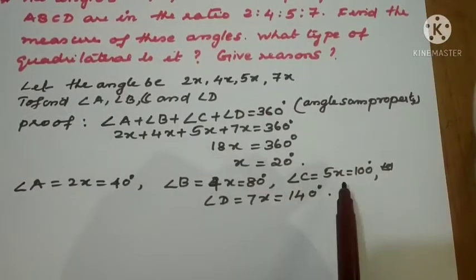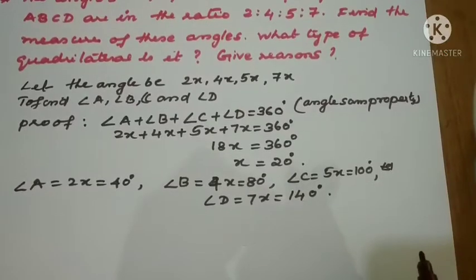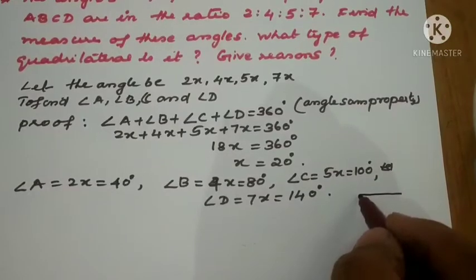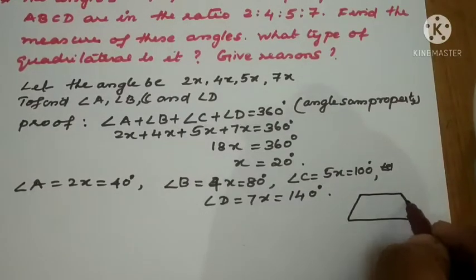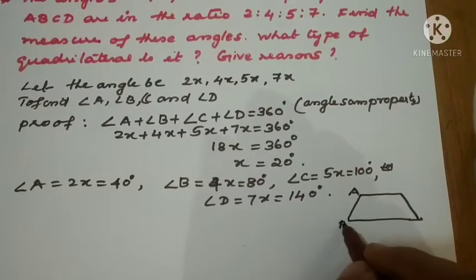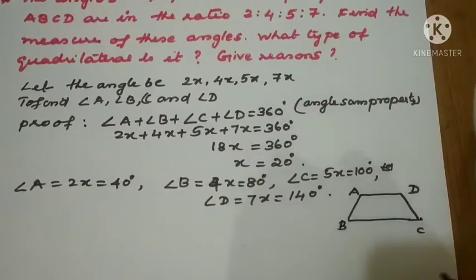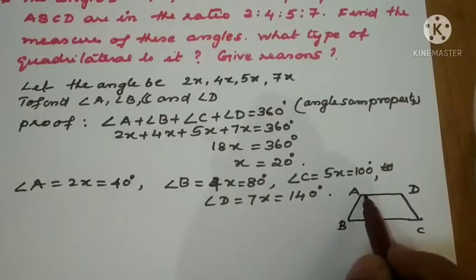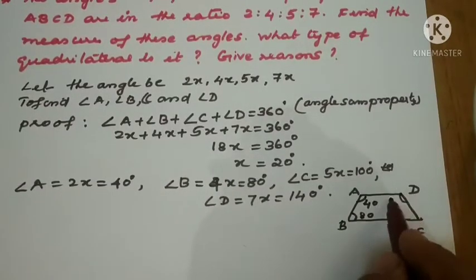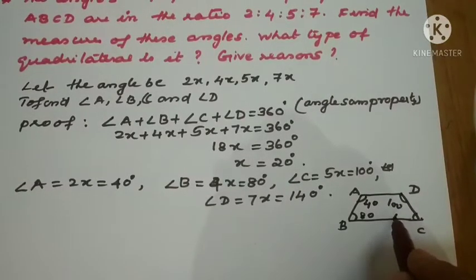Similarly, if we take B and C, the sum is also 180 degrees. So a rough figure now: ABCD is a quadrilateral. A is 40, B is 80, C is 100, D is 140.